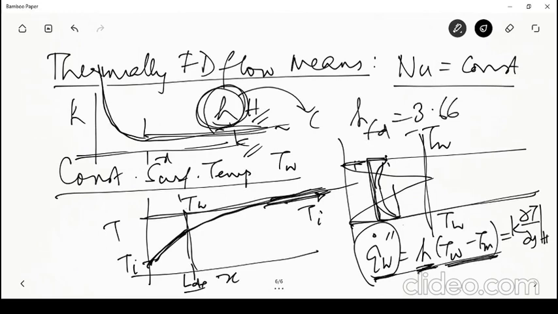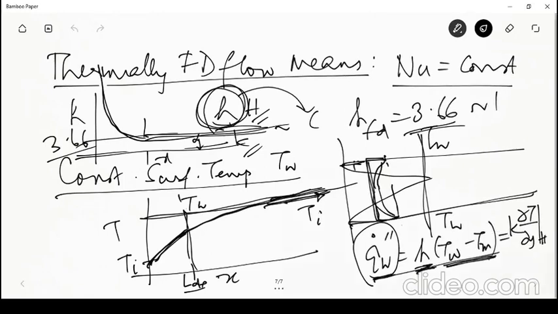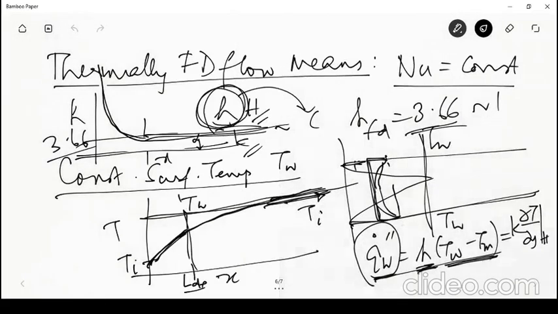So this is your plot of H as a function of x, and what we can find from the analytical solution is that this H fully developed is actually equal to 3.66 for laminar flows with constant wall temperature. Okay, so this is a number which is of the order of 1, and it actually settles down to 3.66. So fully developed H in the constant wall temperature case is 3.66.